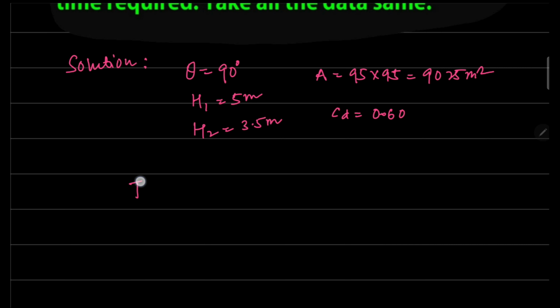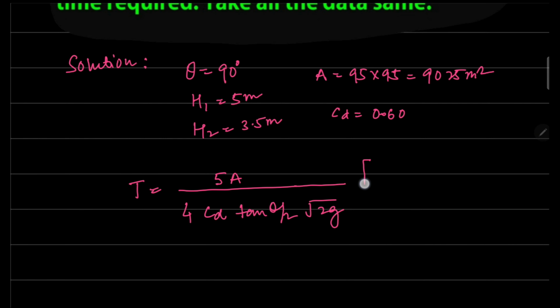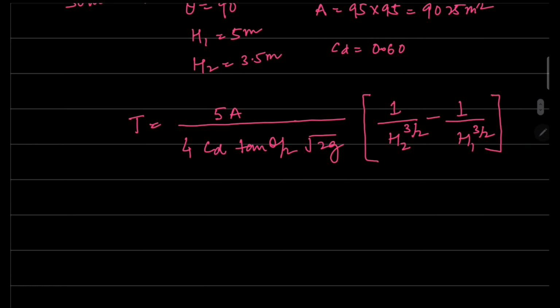So that is T is equal to, instead of 3A it will be 5A divided by 4 times CD multiplied by tan theta by 2 multiplied by under root 2g, and then 1 over h2 raised to the power 3 by 2 minus 1 over h1 raised to the power 3 by 2. So let's put all the values over here.